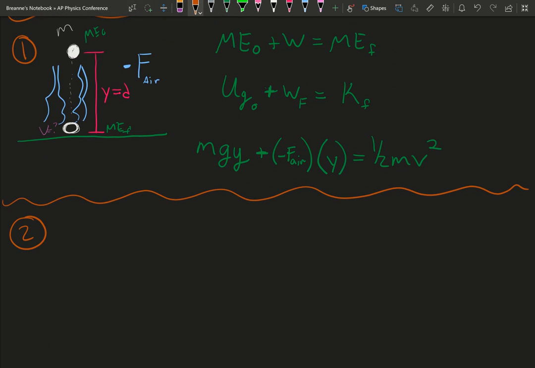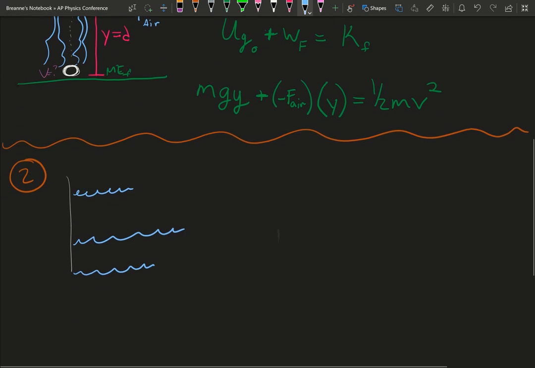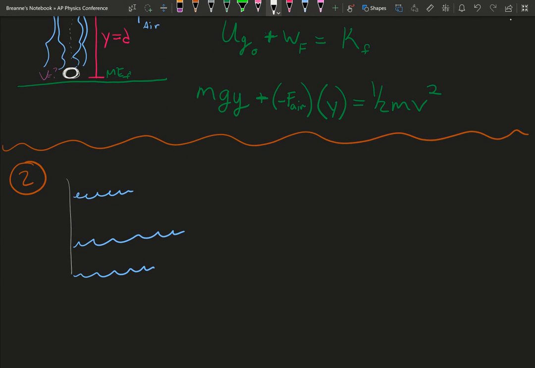So example 2. In example 2, we had a spring with a mass on it.